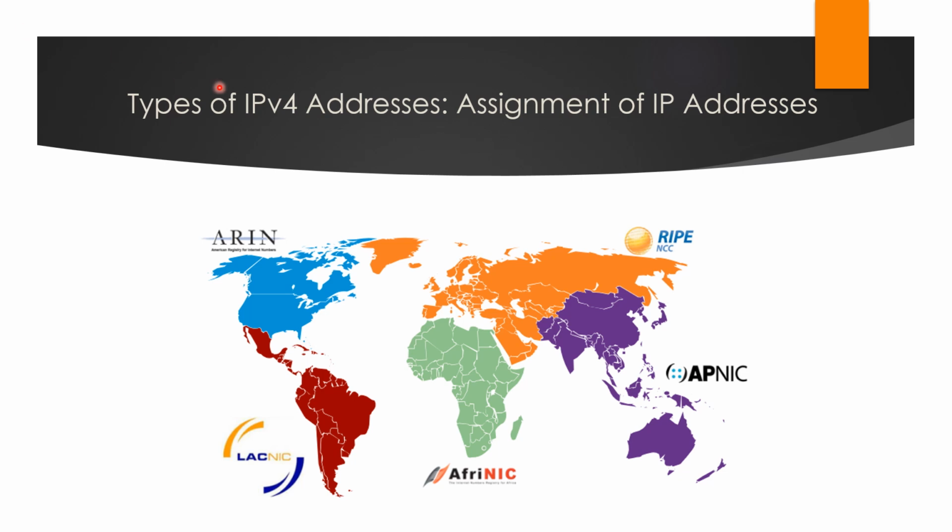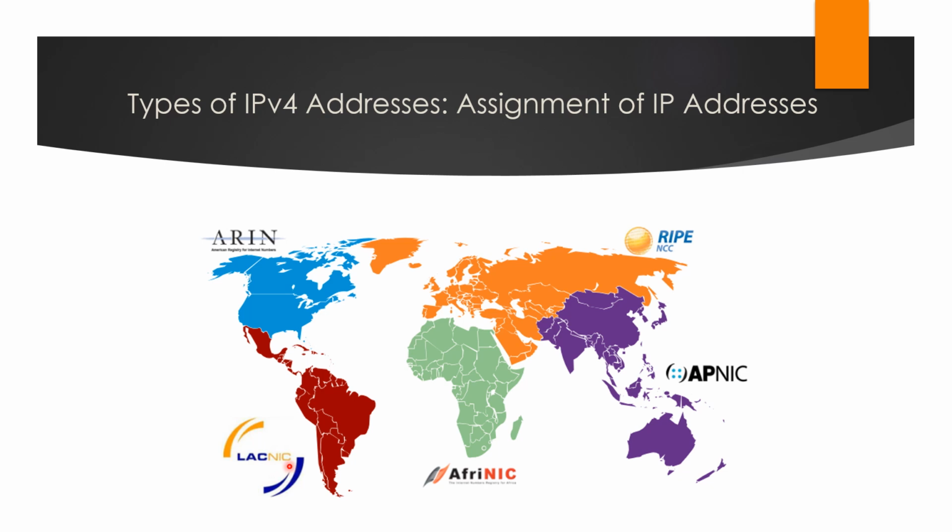And we have the African Network Information Center for the Africa region. We have the Asia Pacific Network Information Center for the Asia Pacific region. We have the American Registry for Internet Numbers for the North America region.